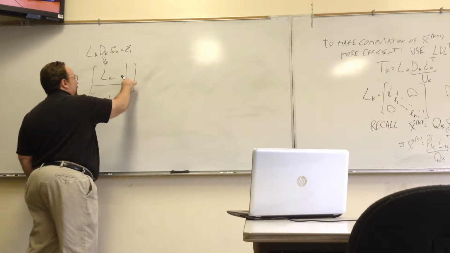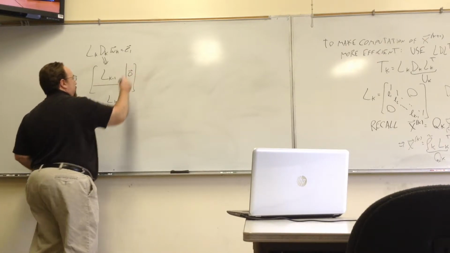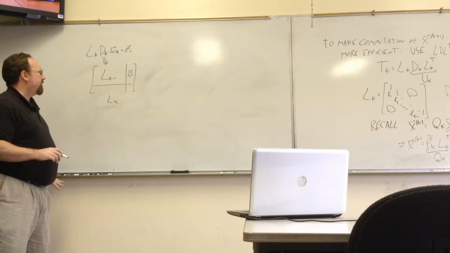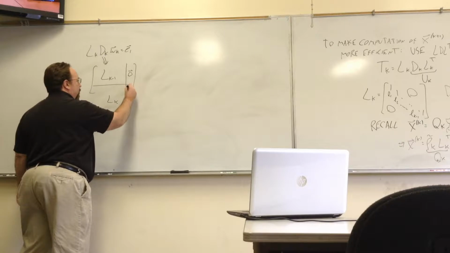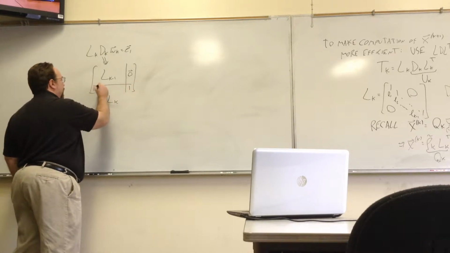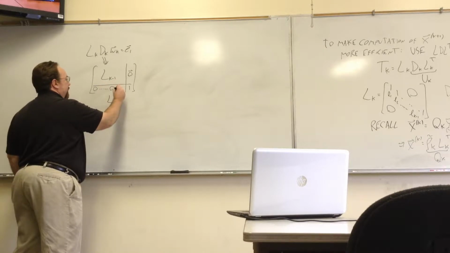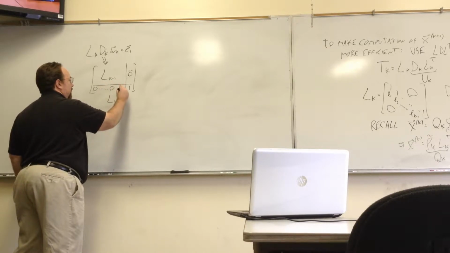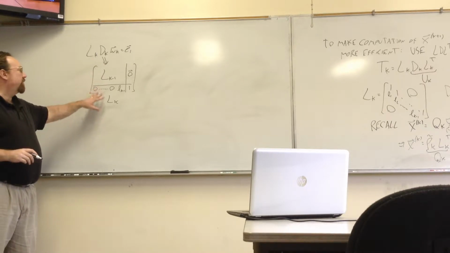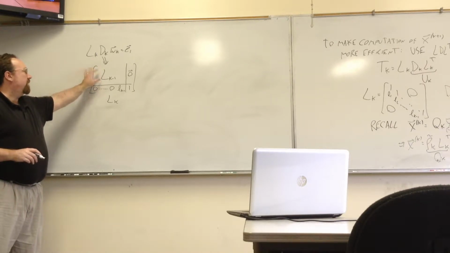Up here, I have 0 because LK is a unit lower triangular matrix. Over here, I have 1. And then in this space, I have all zeros, except at the very end, I have little l k minus 1. So this is the structure of LK defined recursively in terms of LK minus 1.